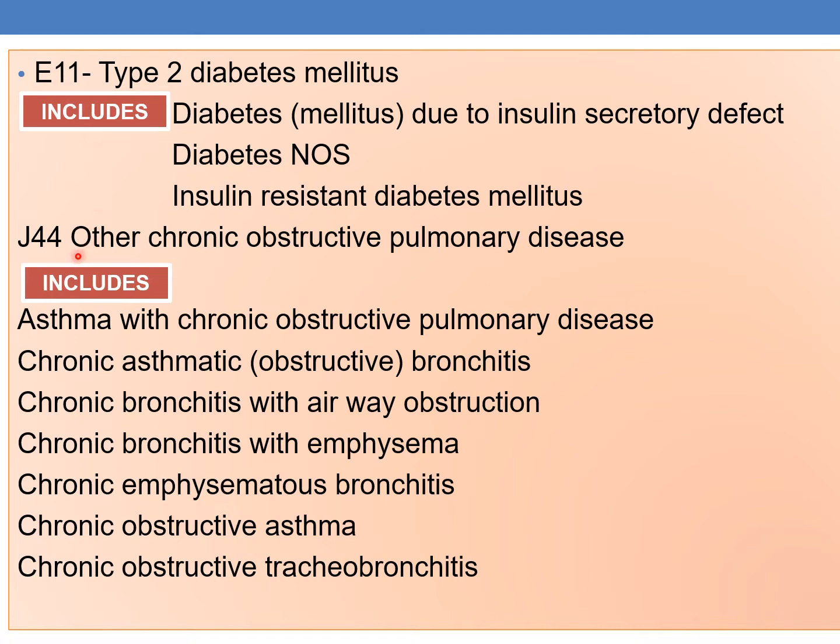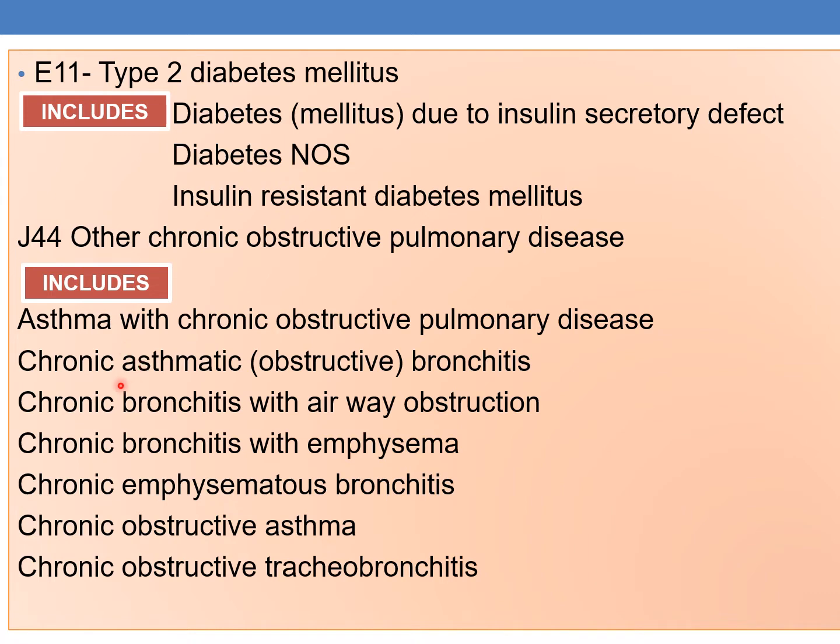The next example is J44, which is nothing but other chronic obstructive pulmonary disease. In simple terms, COPD. Under COPD you can find includes, which include asthma with chronic obstructive pulmonary disease. So whenever the physician documents asthma with COPD, you need to code COPD only.